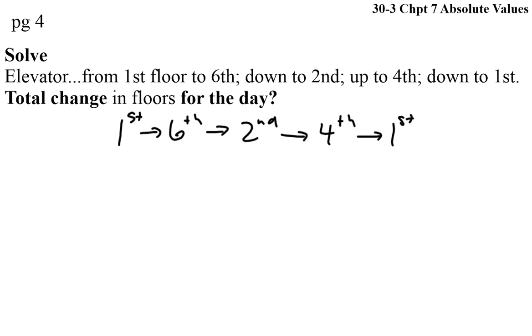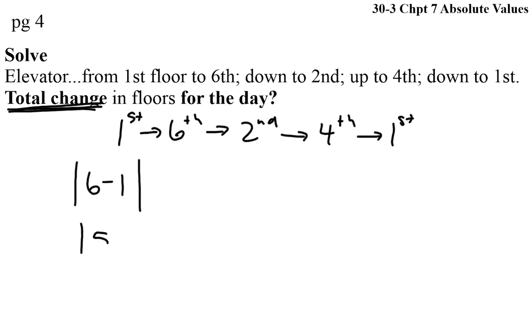So the question doesn't say where did he finish, or what was the net change, it asks what was the total change in floors for the whole day. Well, again, I don't care if it was going up or down. I just want the total value. Finished at 6, started at 1, so there's the first change that occurred.